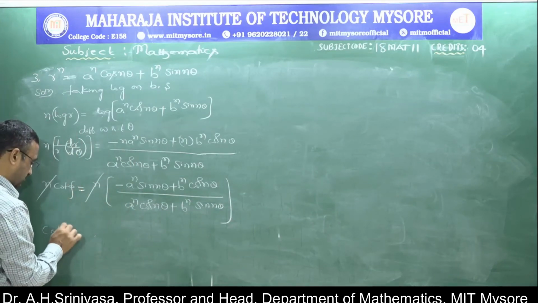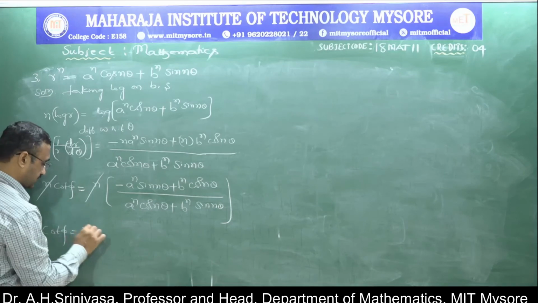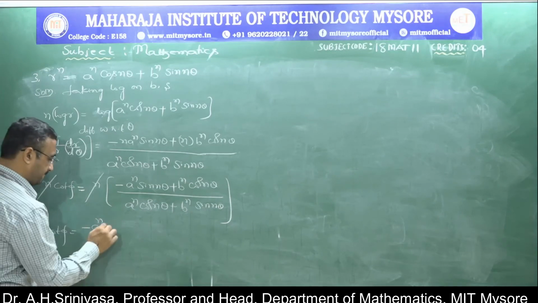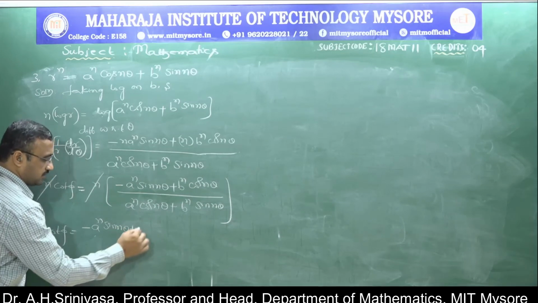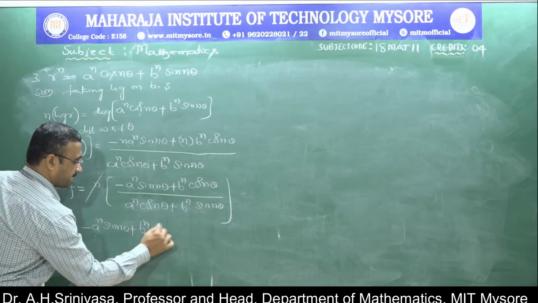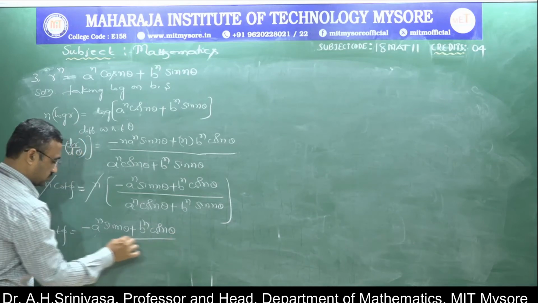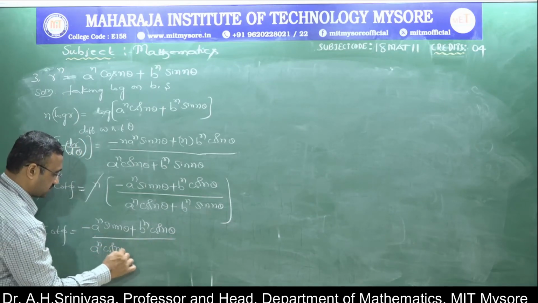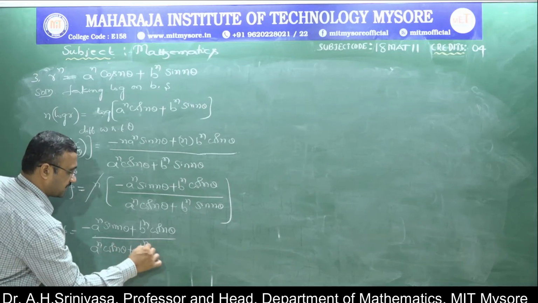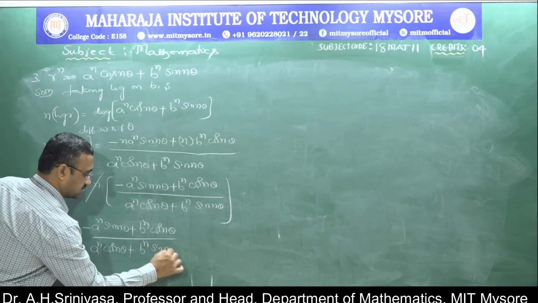Finally, you get the value of cot phi is minus a power n sin n theta plus b power n cos n theta, then whole divided by a power n cos n theta plus b power n sin n theta.